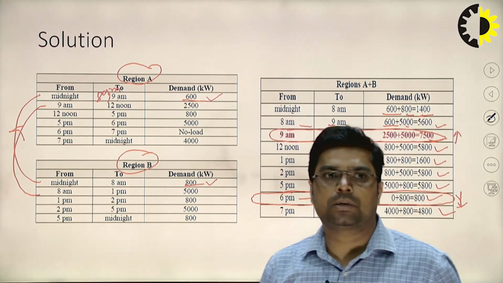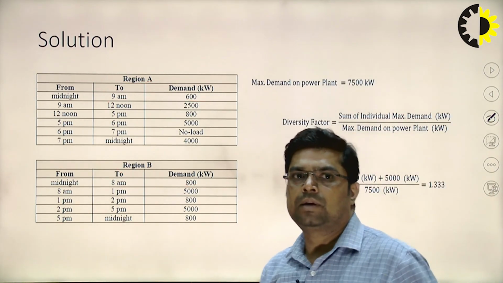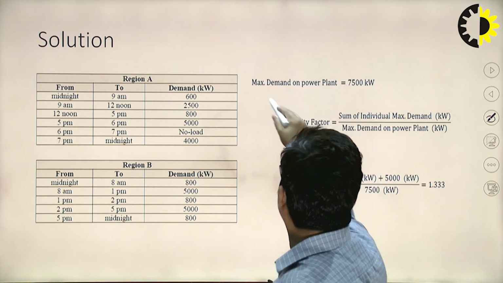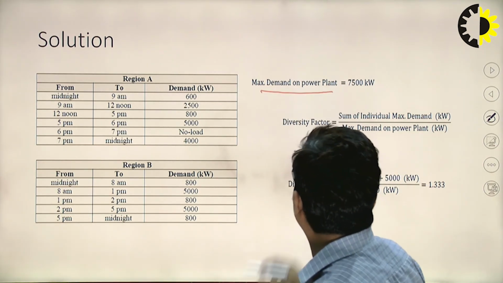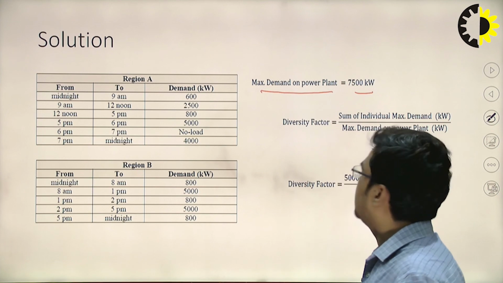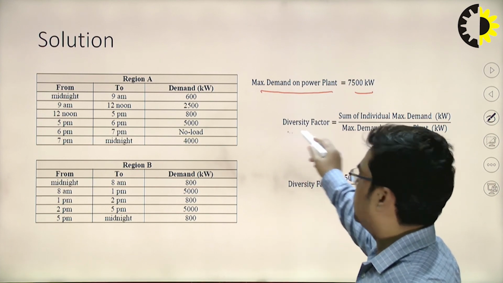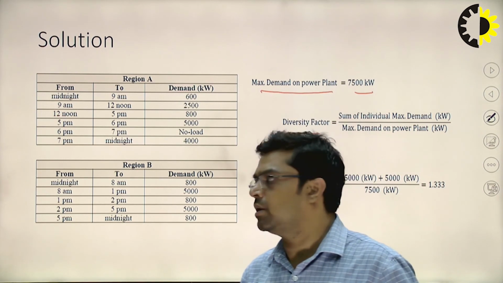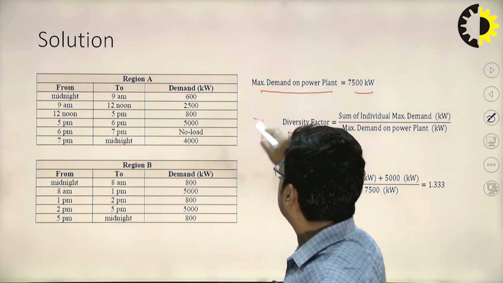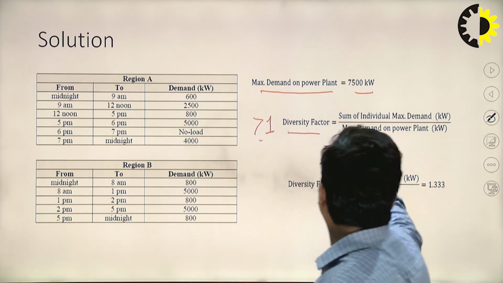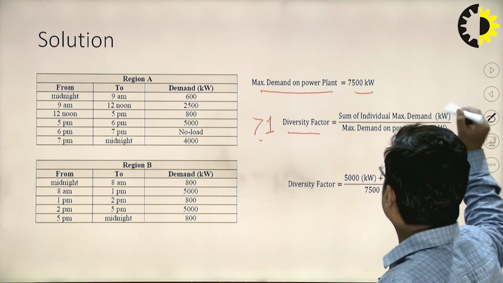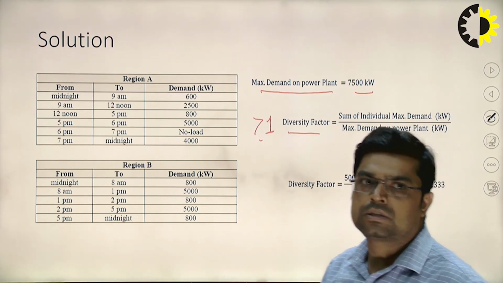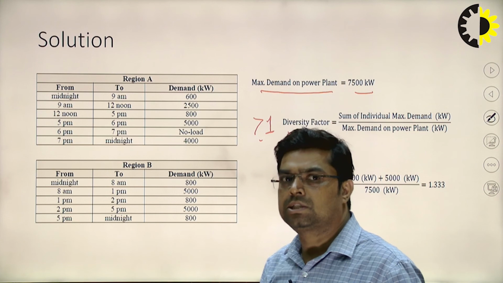So based upon that, we calculate the maximum demand of the power plant, which is 7500 kilowatt. Now we have to know the diversity factor. We know the diversity factor is always greater than 1, because the maximum demand of the power plant is always less than the sum of the individual maximum demands.